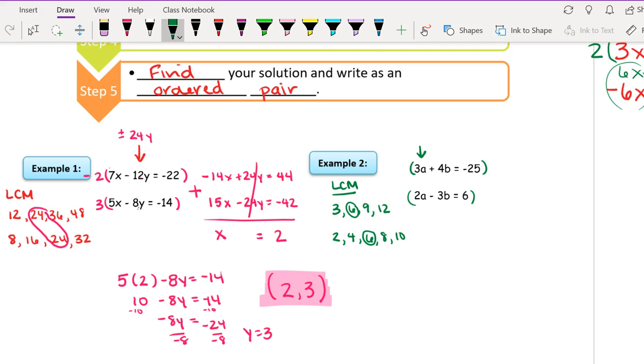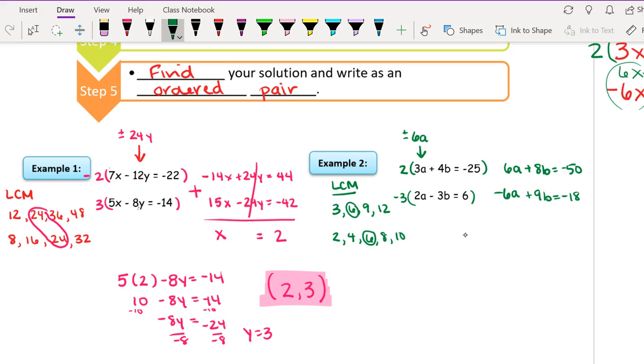So 2 times 3 is 6. I'm trying to get a 6a, and I want a positive 6a and a negative 6a. Right now I have a positive 6a. If I multiply the other equation by -3, that's going to give me a negative 6a. So what I have now is 6a plus 8b equals -50, and negative 6a plus 9b equals -18.